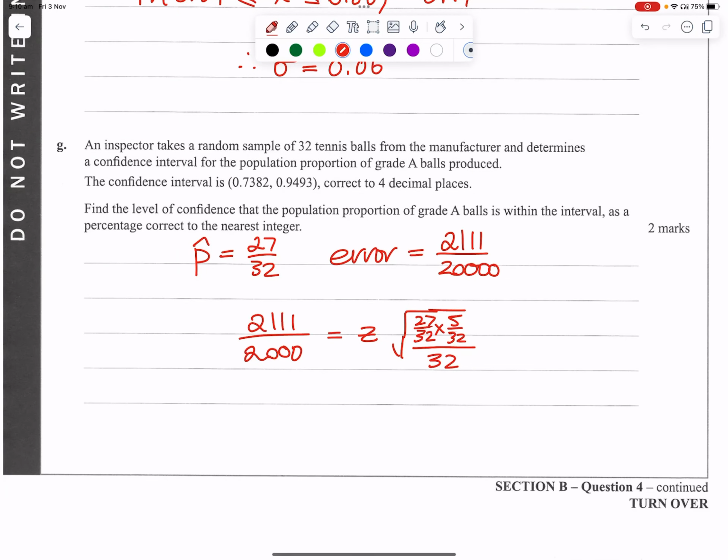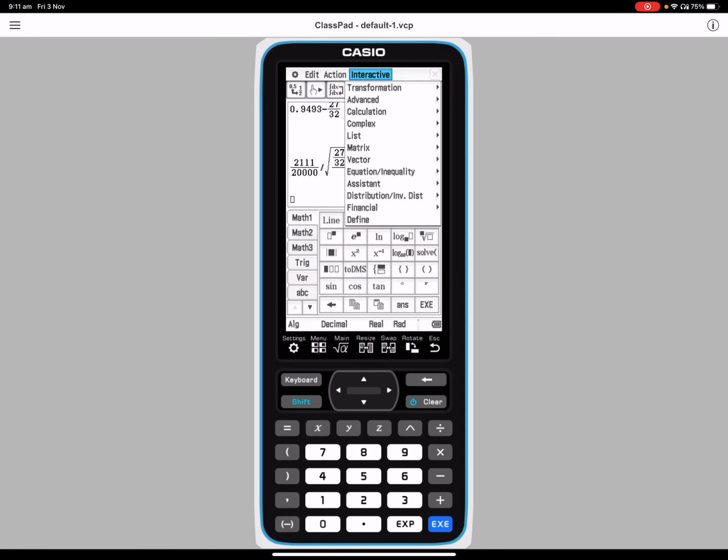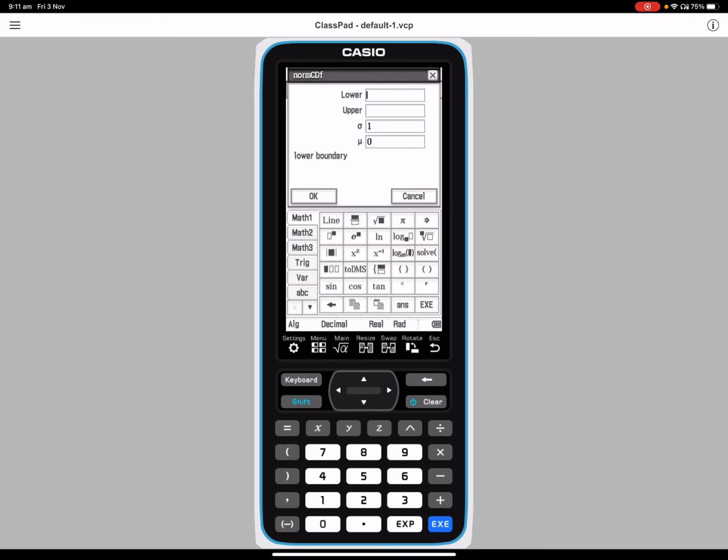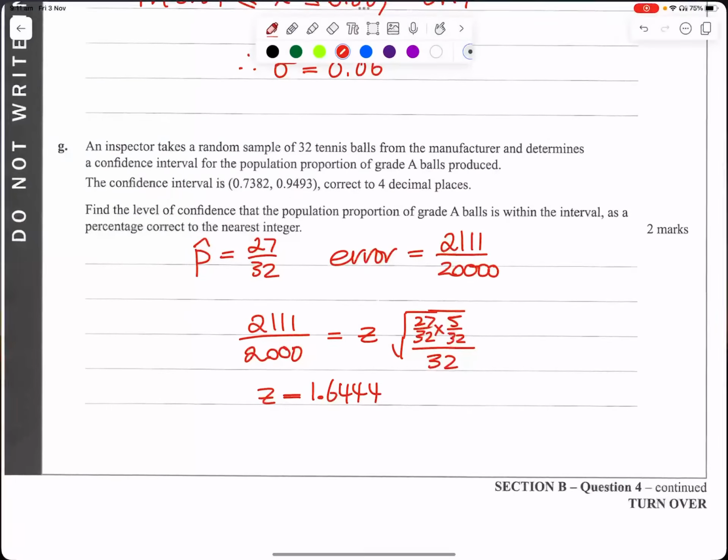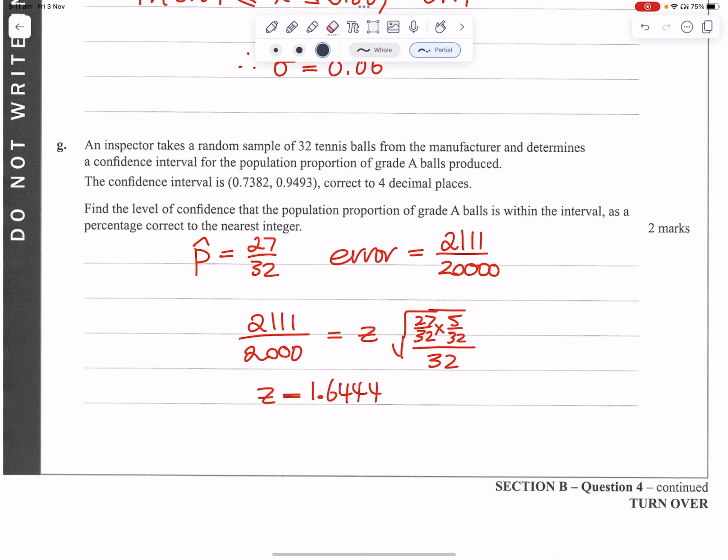Okay, so we know Z is equal to 1.6444. So if we went from negative 1.6444 to 1.6444, we get 90%. 90% confidence interval.